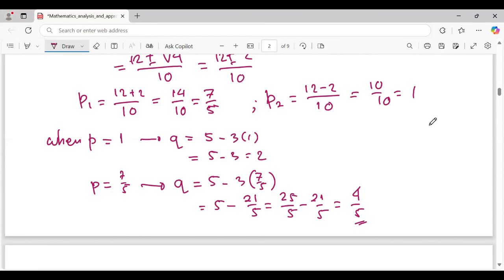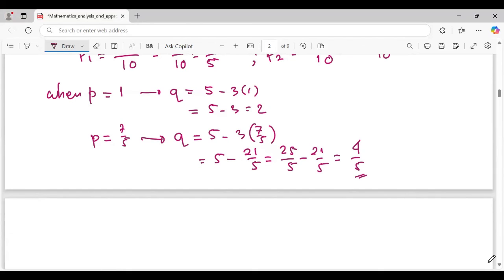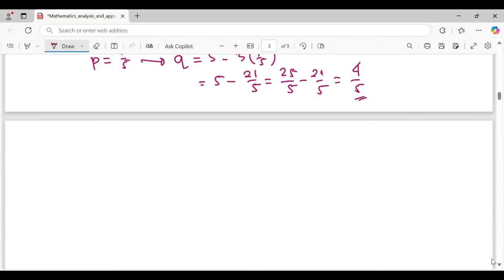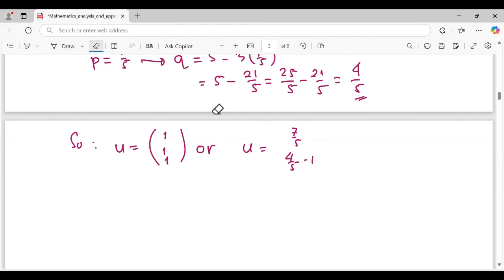So we can determine u. Vector u is (1, 1, 1), or vector u is (7 over 5, 4 over 5 minus 1, 1), or (7 over 5, minus 1 over 5, 1).